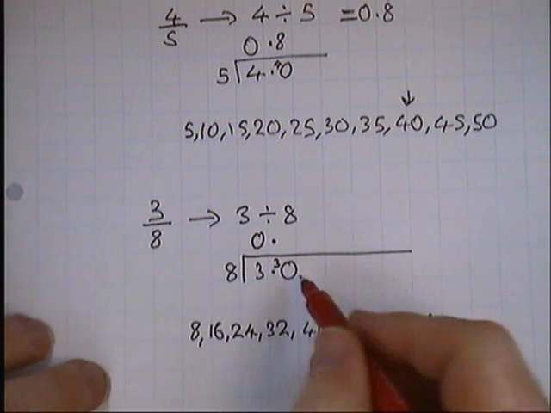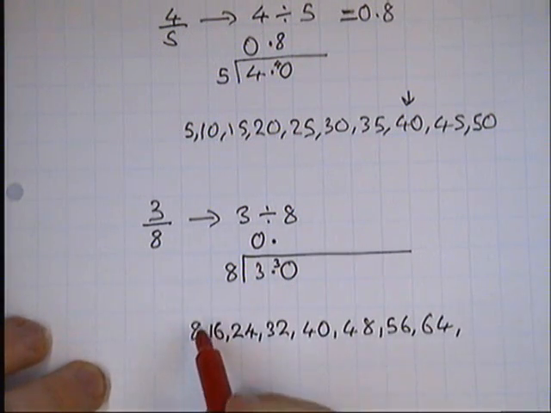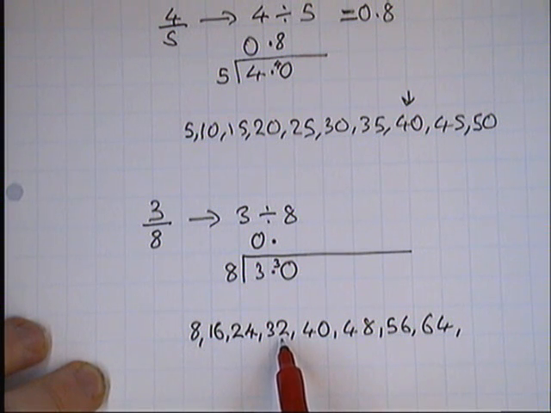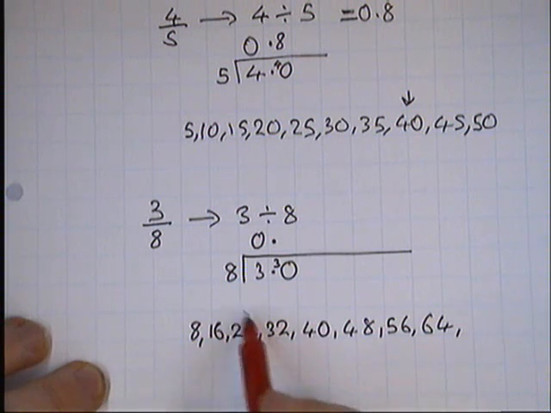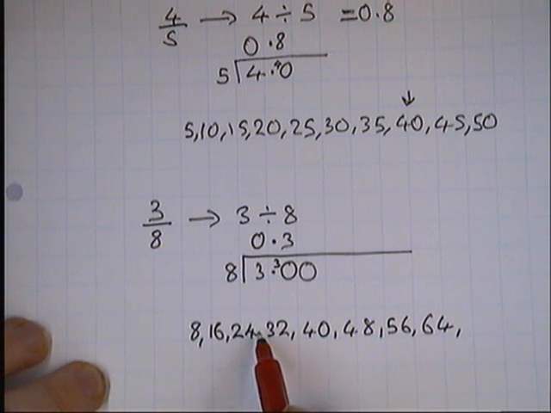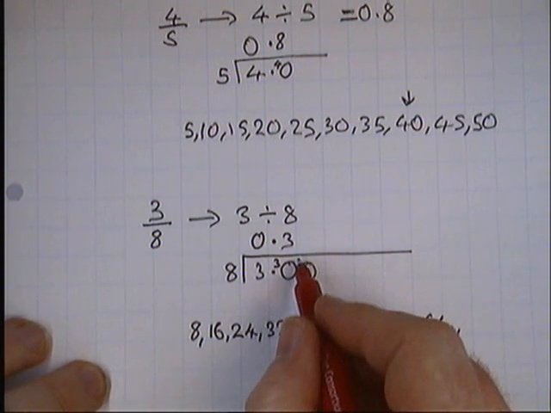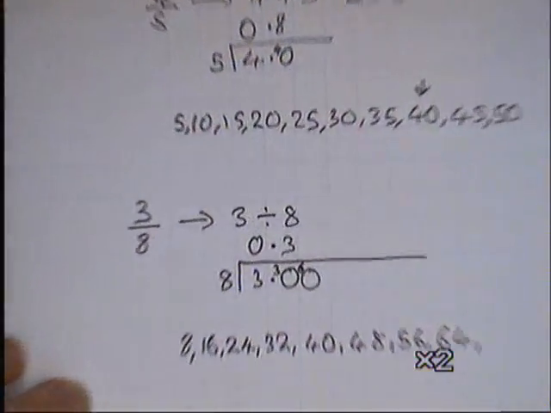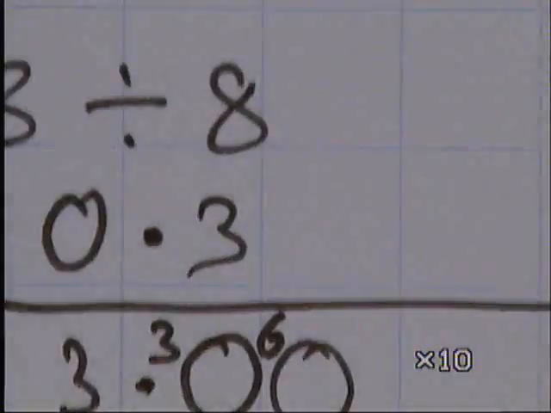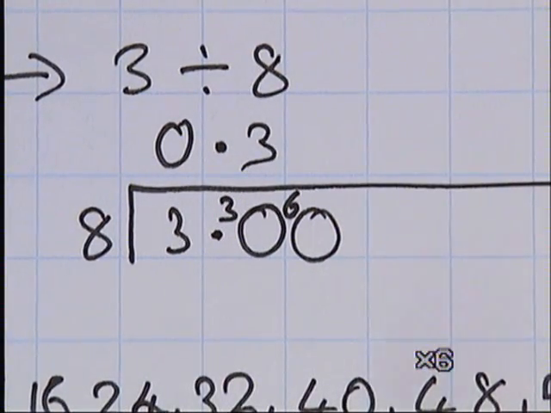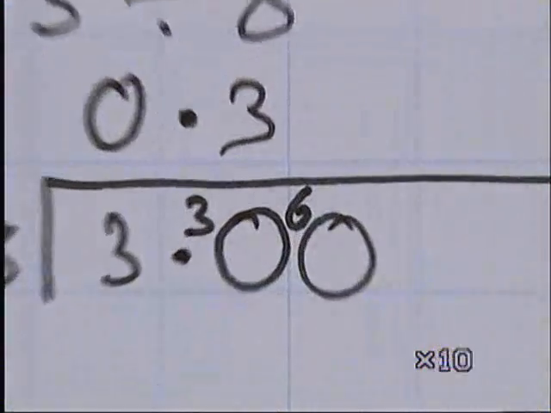And look, adding on an 8, that's why it's the 8 times table. So the next question is how many 8s are there in 30, as we said. Well, there are 3 8s in 24 and 4 8s in 32, so it's going to be somewhere between them. So we take the lowest one, so the answer is 3. And we wanted 30, not 24, so we've got a remainder of 6, so we carry the 6. Okay, next question. How many 8s are there in 60?